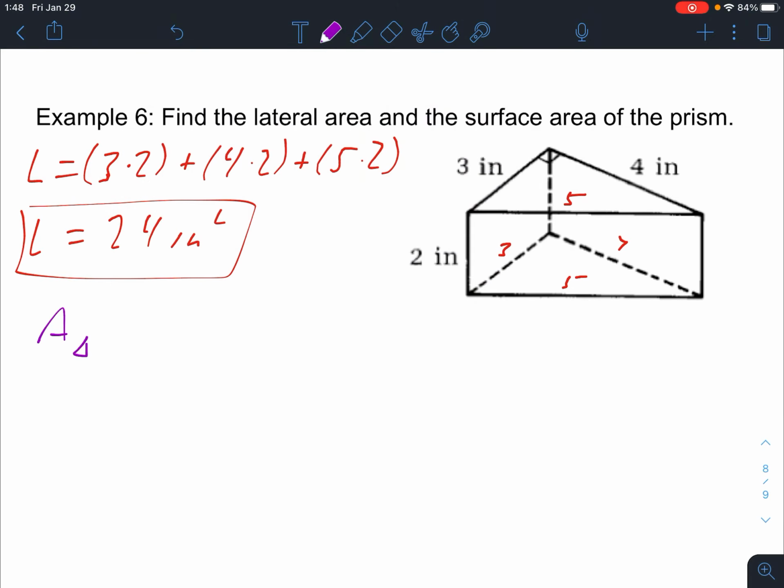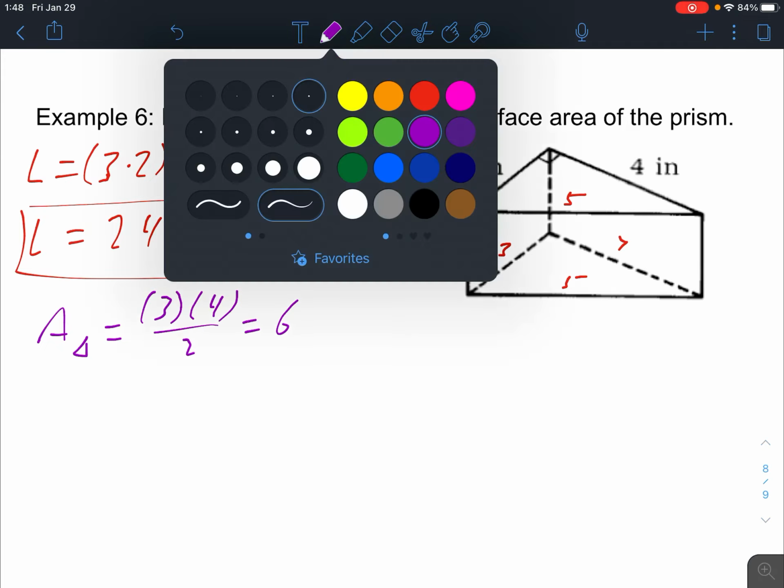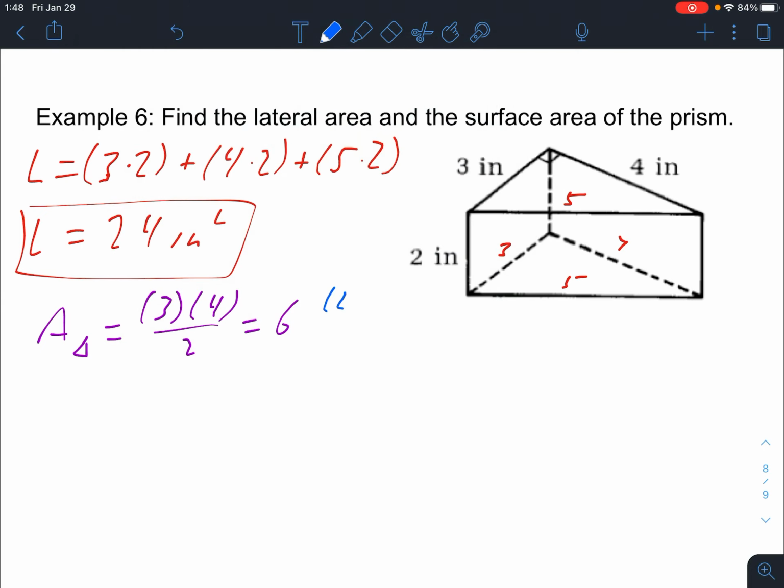And then you got to do the area of the triangle, which is base times height over 2, or 6. And remember, there are 2 of those, right? So our total area then would be 24 plus 2 times 6, which is 36 square inches.